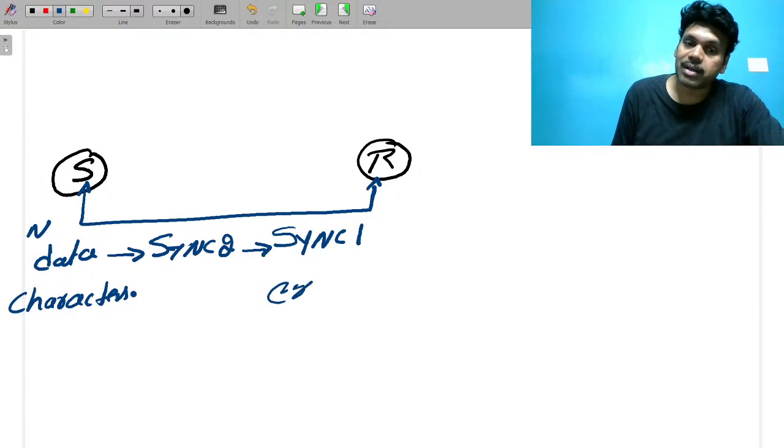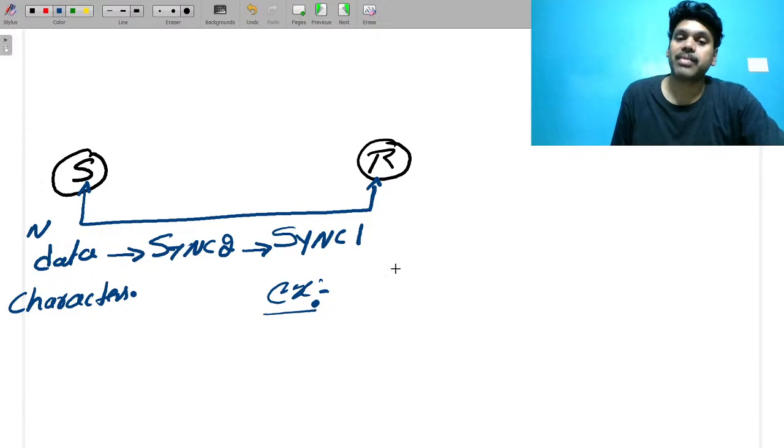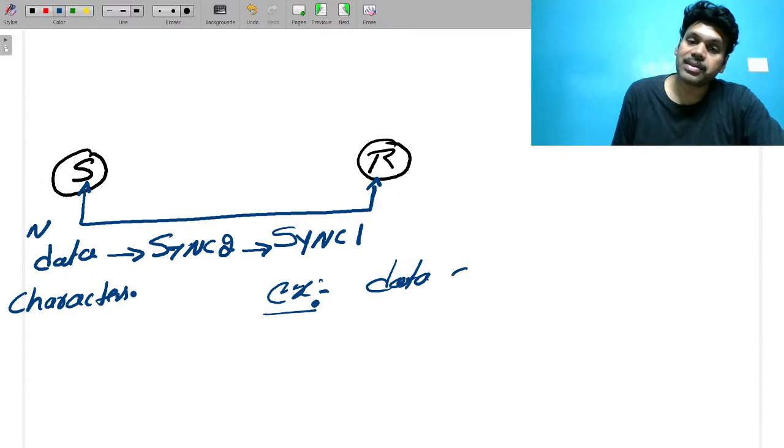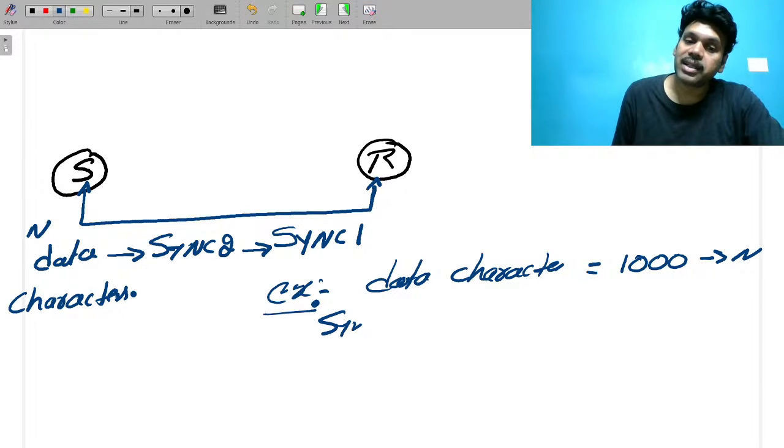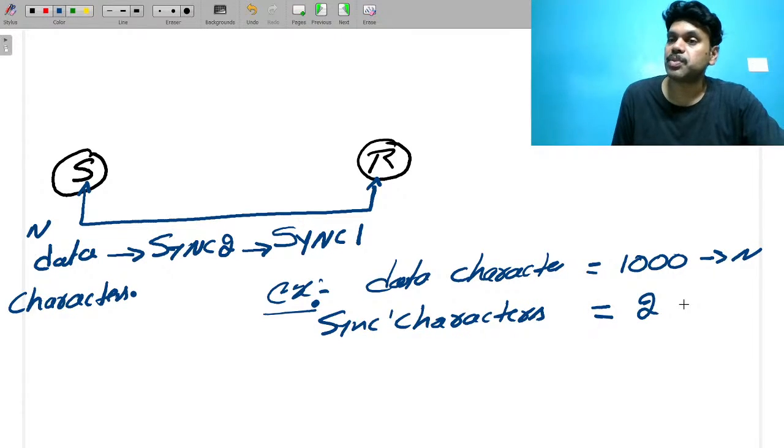For example, I am saying your data characters is equal to 1000. I don't mind, it can be n. And I say that initially I want to send sync characters. The sync characters are 2, assume.